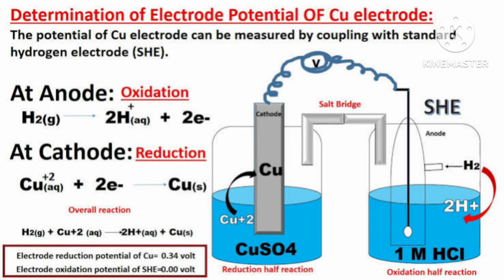This is the hydrogen gas electrode. Its value has been considered as 0, zero, simply, no logic, you should not argue. That is called arbitrarily.